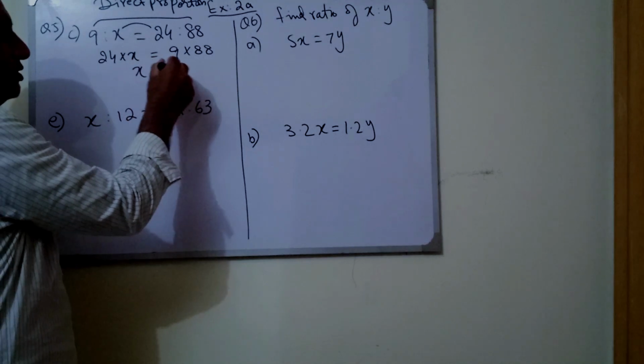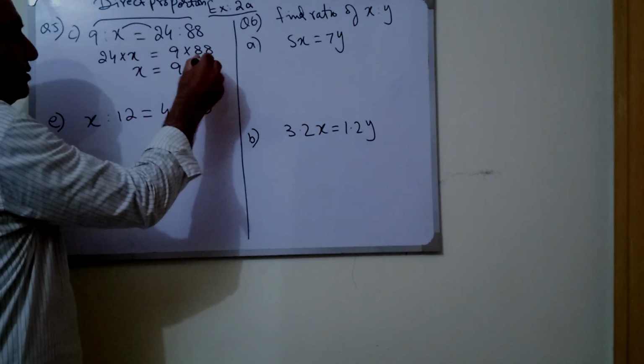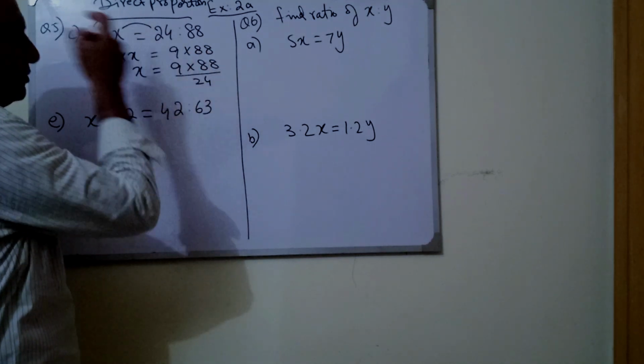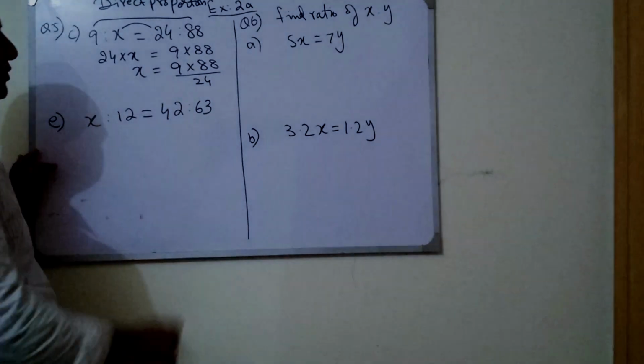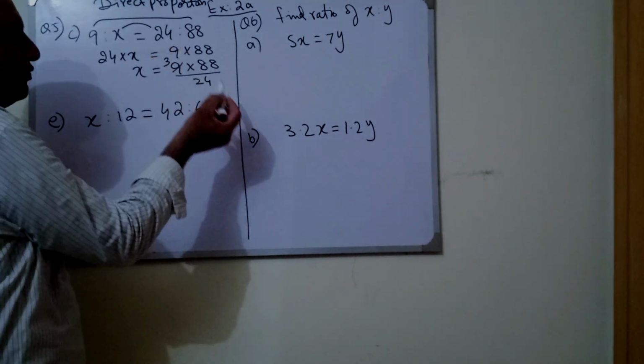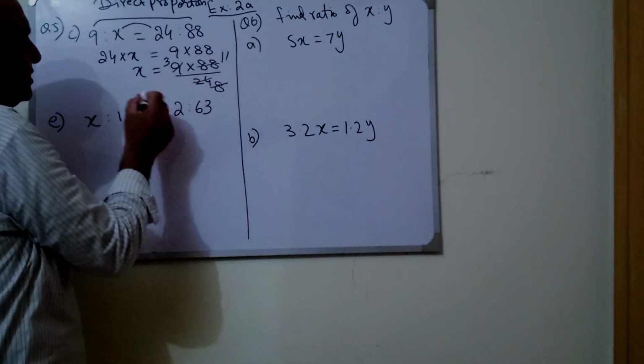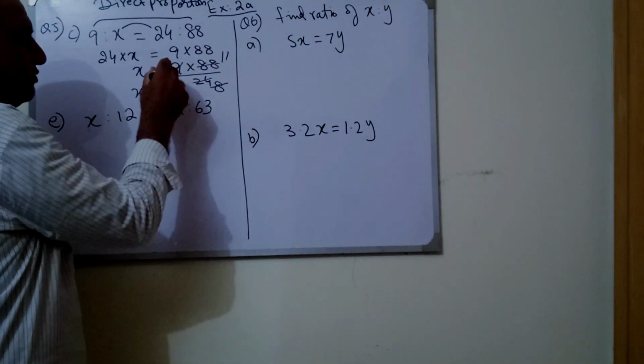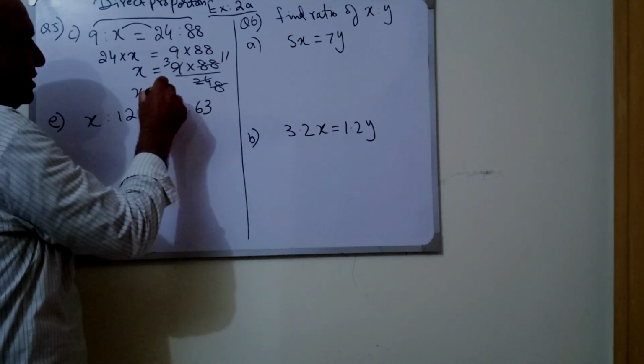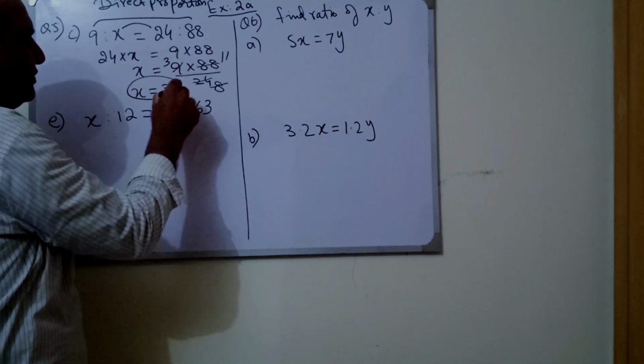So x is equal to 9 into 88 over 24. Now, 3 3s are 9, 3 8s are 24 and 8 11s are 88. So we can say the value of x is 3 into 11, 33.